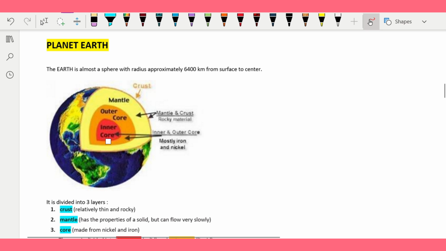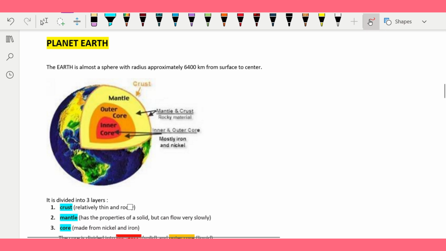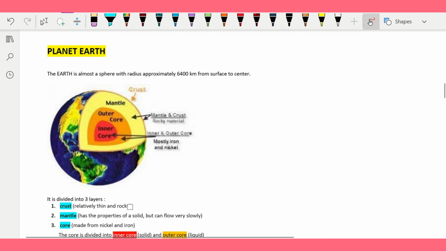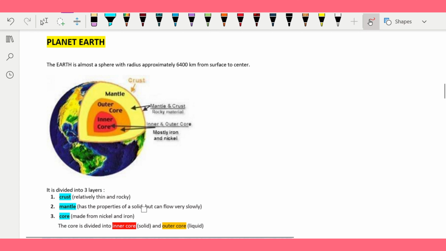So crust is relatively thin and rocky. Mantle has properties of solid but can flow very slowly. And then core is made of nickel and iron. The core again is divided into outer core and inner core.